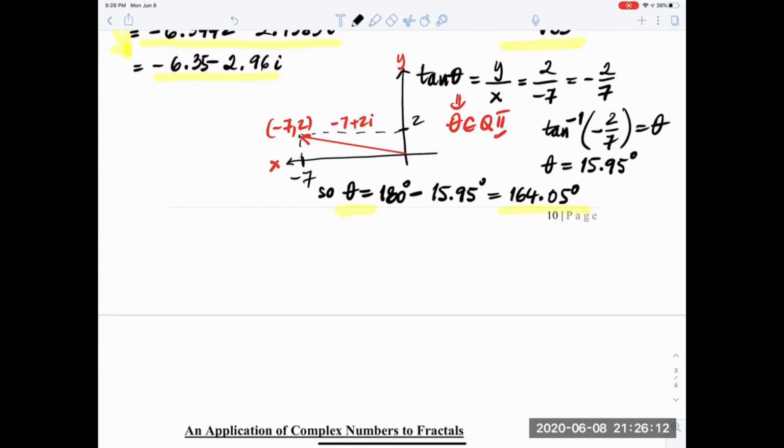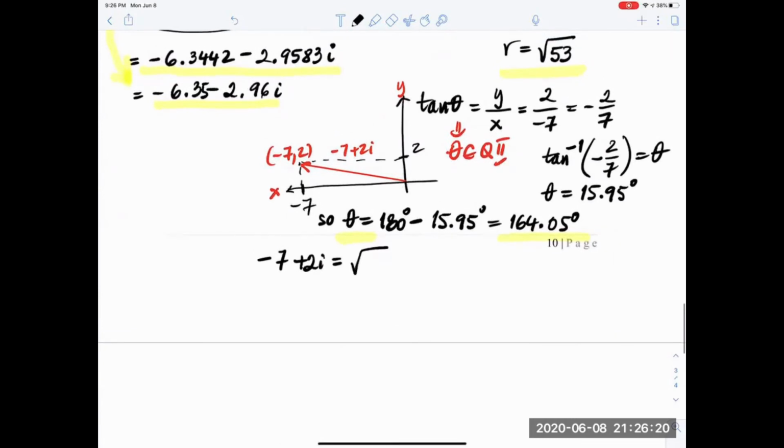So how can I write my number? I can say that -7 plus 2i can be written as r, well, r was square root of 53, parentheses, cosine of 164.05 plus i sine of 164.05.